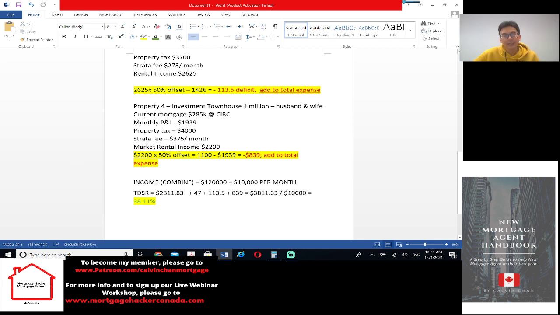So as you can see, in this case, the TDS is very comfortable, and in that case, unless the property has some problem or the credit has some problem, you can safely tell the client that yes, you most likely will be able to get a $400,000 mortgage on the new purchase property. And so I'm happy to tell you that, right?